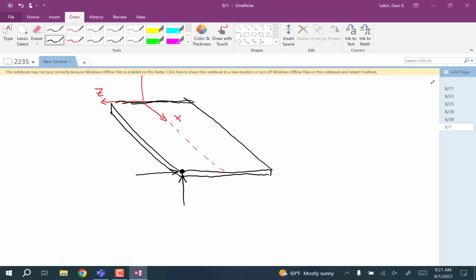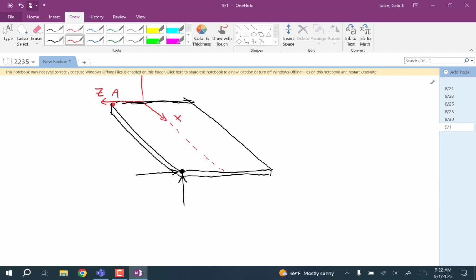So which way would this component make it rotate? I didn't give an about point. Let's put an about point here for now, in the corner. Which way would the upward force make it rotate around that hinge?